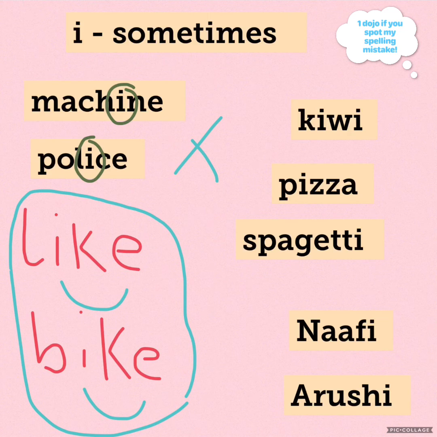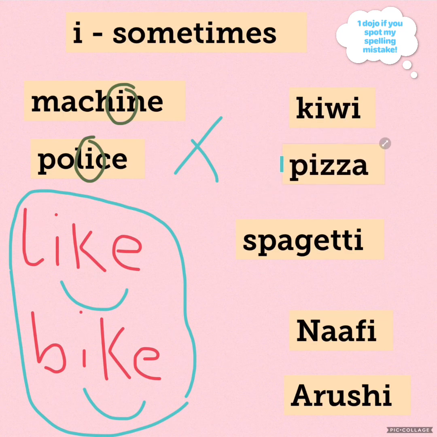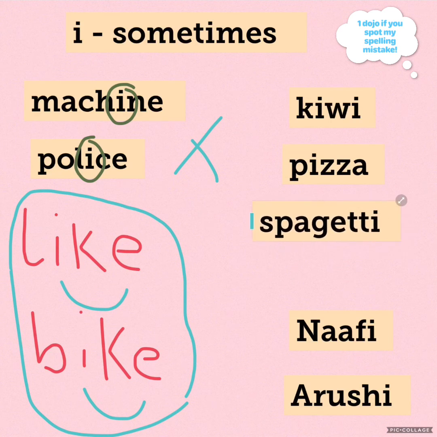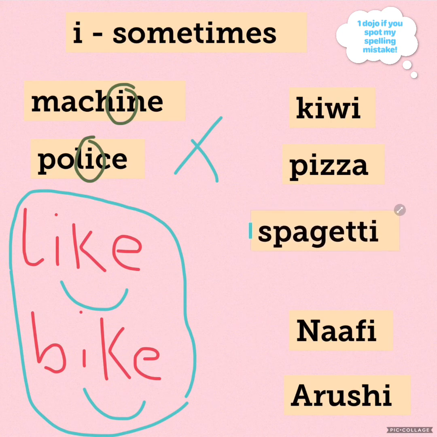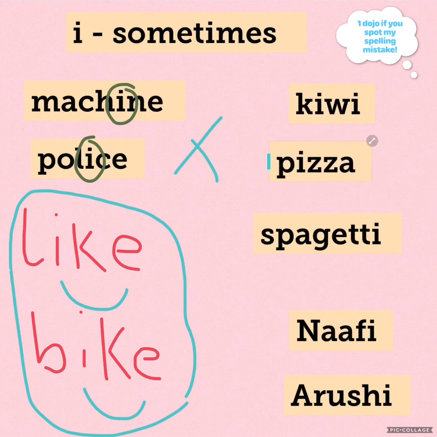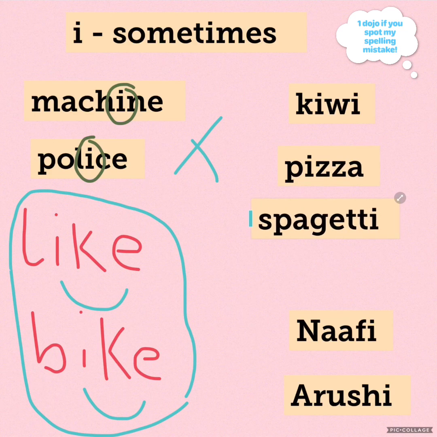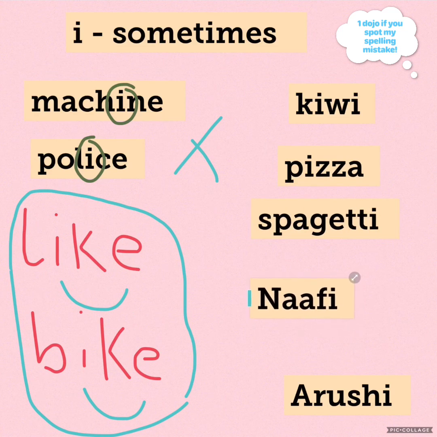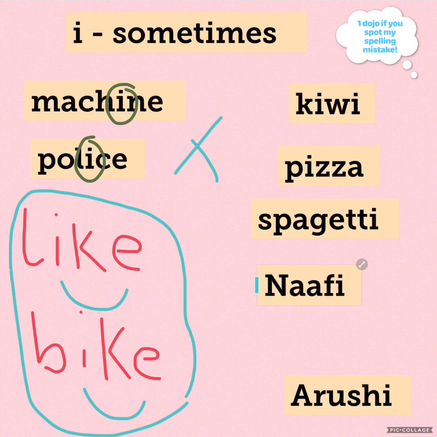Also, there are other words in English where the I represents that long E sound, like kiwi, pizza, spaghetti. These three foods come from different countries, so the words originate in different languages. In the Brunei Garrison, we have Nafi.